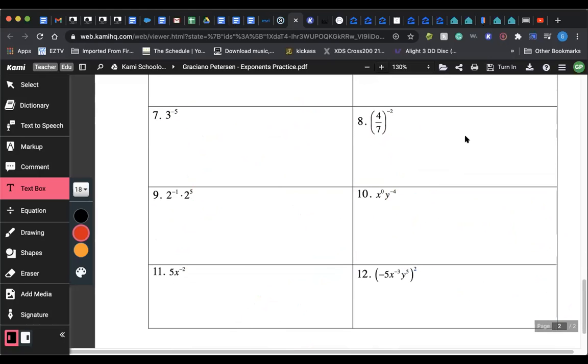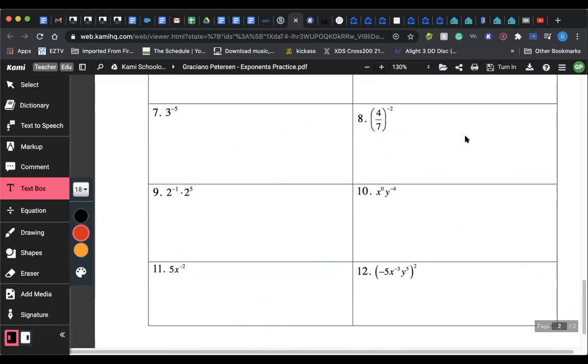Okay. So number 9, right? We have another situation where we have the negative power rule. So what am I going to do here? I'm going to turn that 2 to the negative 1 to 1 over 2, and then multiply it times 2 to the 5th power. So it's going to be 2 to the 5th power divided by 2. You know what?